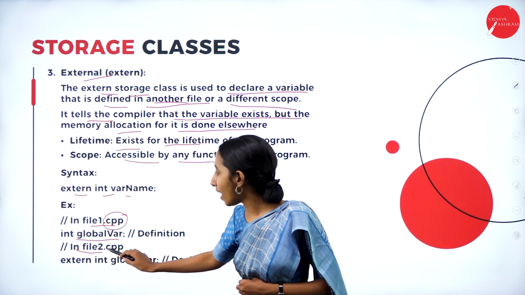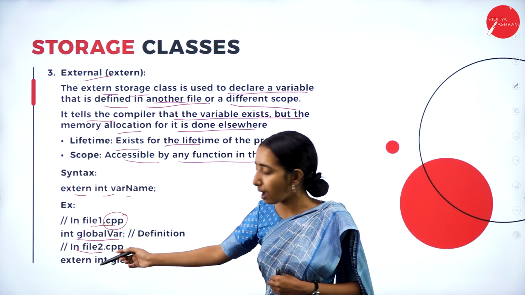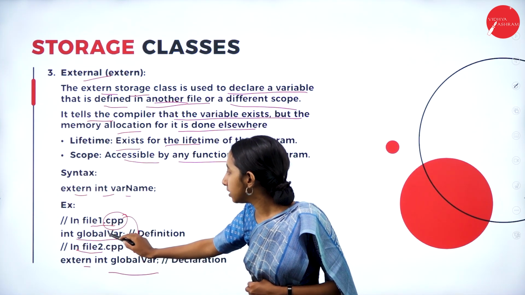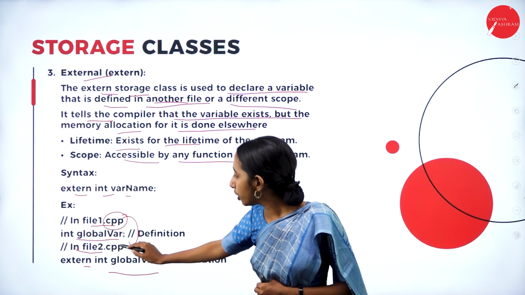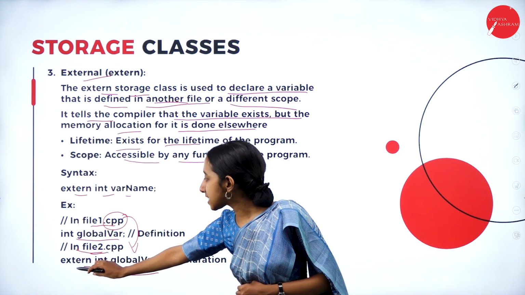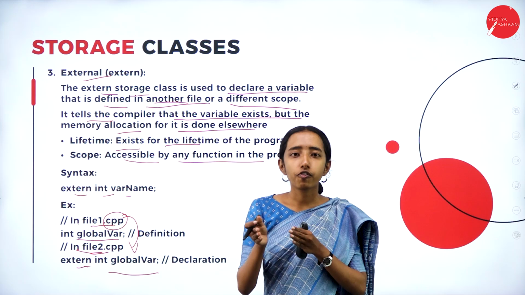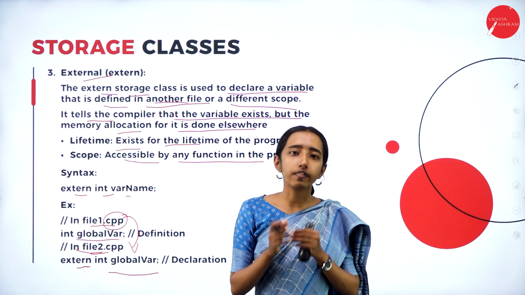In file 2, another program, I write extern int global var. So I am accessing the variable declared in file 1 from file 2 using the extern storage class, so there is a call between the two files.